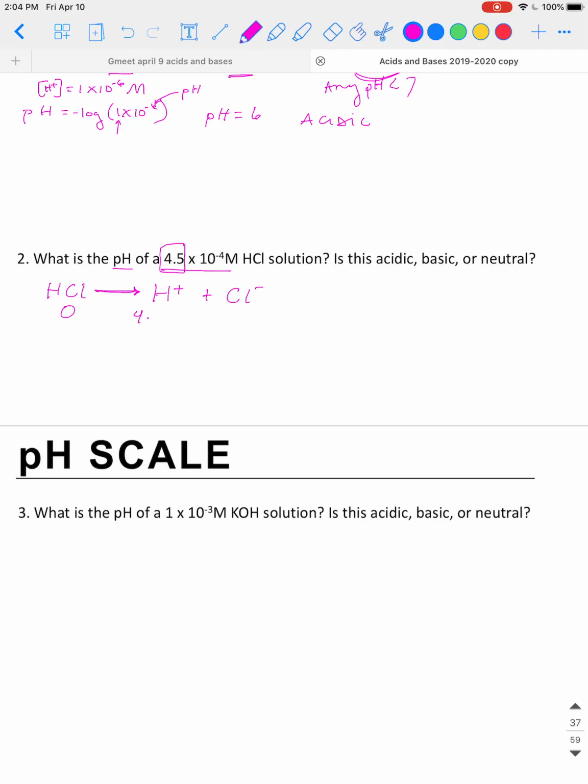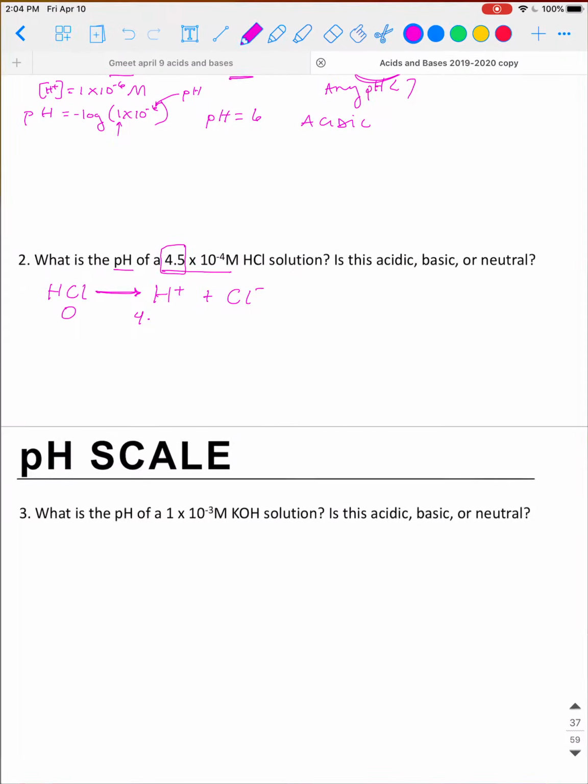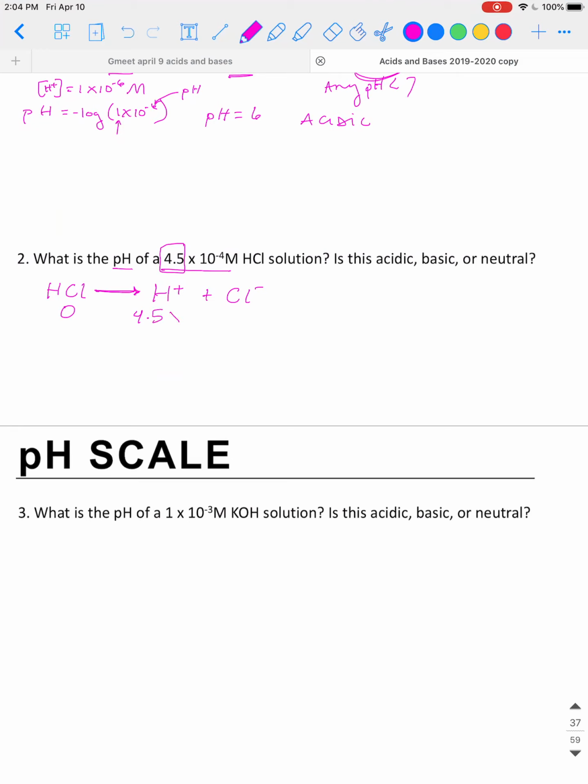4.5 times 10 to the minus 4 of H plus, and 4.5 times 10 to the minus 4 of Cl minus. That's molar.